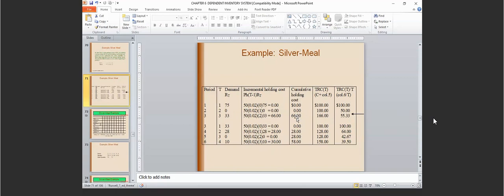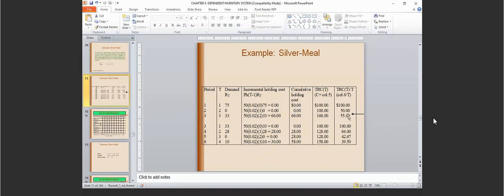Sebab kita hold inventory kita satu tempoh masa yang nilai kos dia adalah RM66. Baik. Kemudian total relevant cost, kita tengok ordering cost adalah 100, maka 100 tambahkan dengan 66, kita dapat 166, kan? Yang 100 tu kekal.